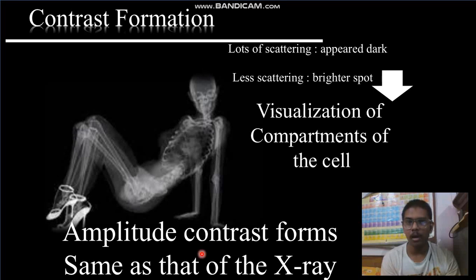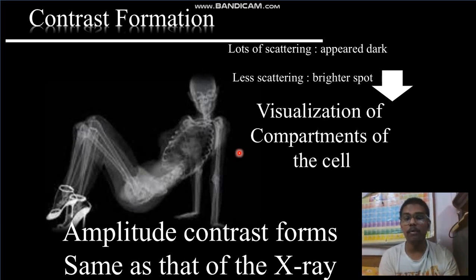Bone is dense compared to soft tissue, so bone causes more scattering of those particles and creates a black spot, while soft tissue causes less scattering and creates a white spot. In the doctor's X-ray image you actually see the opposite, the bone white and the soft tissue black, but the principle is exactly the same.